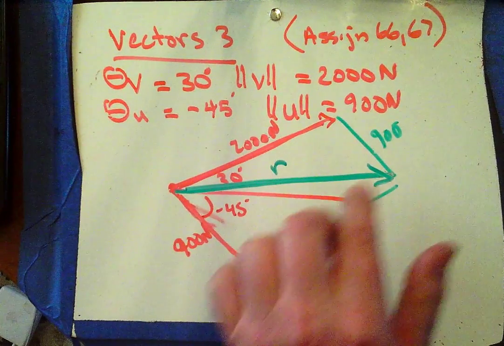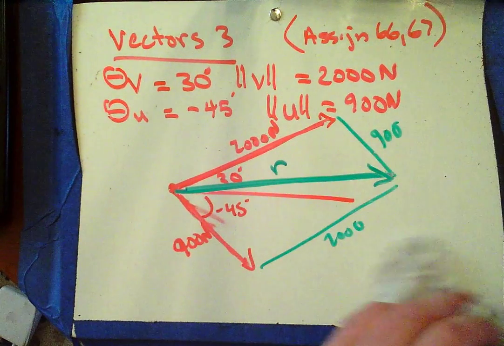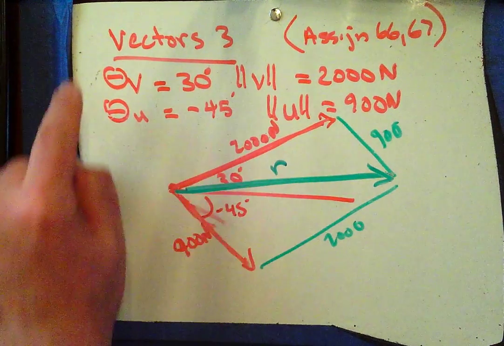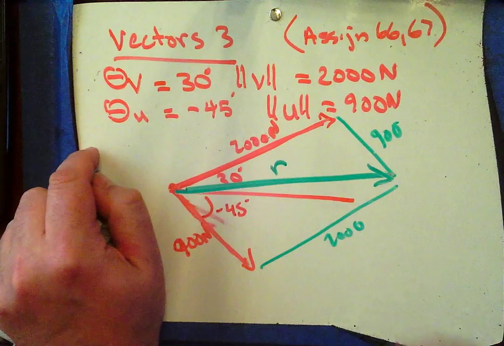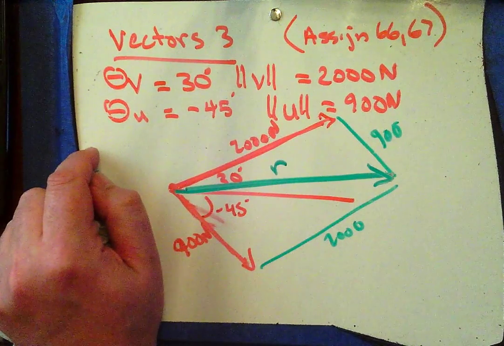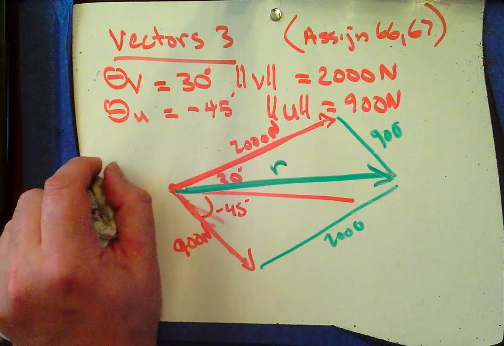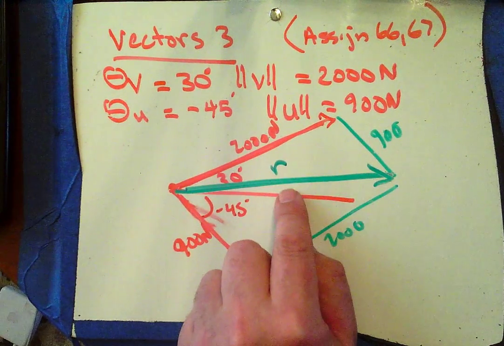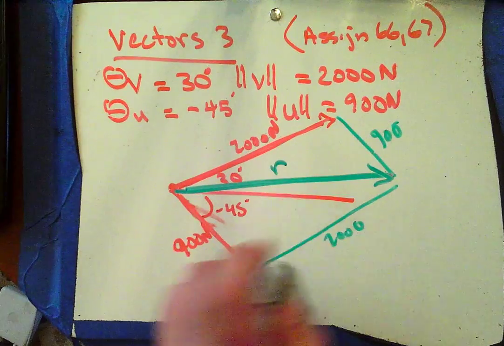So let's see if we can describe some things about this. This is problem 86 from our textbook. It says, given these two forces, describe the resulting vector and the magnitude of the resulting vector. I'd like to do the component form of R, the magnitude of R, and theta R. Okay?